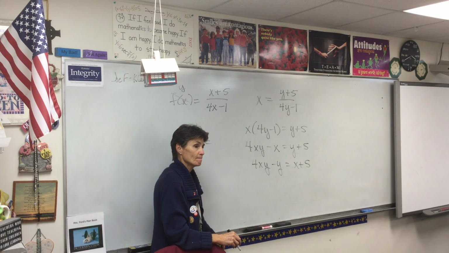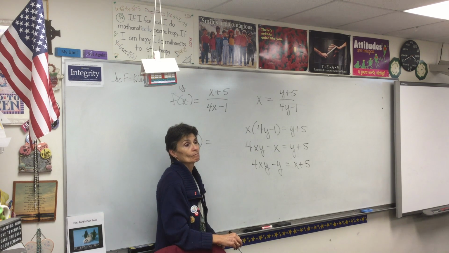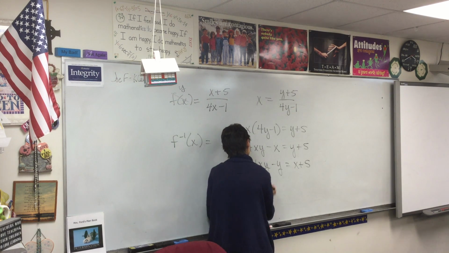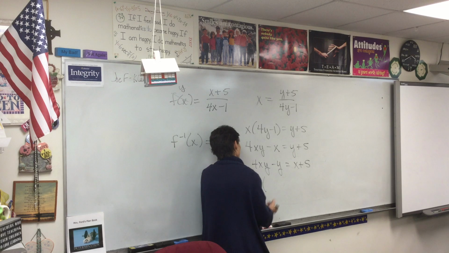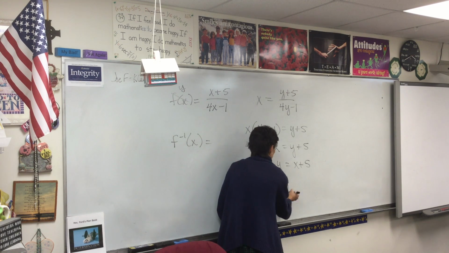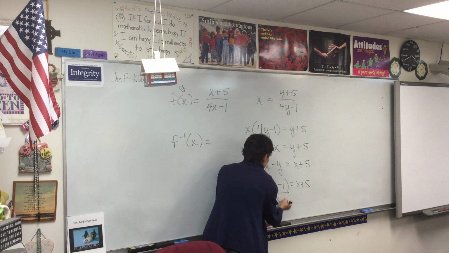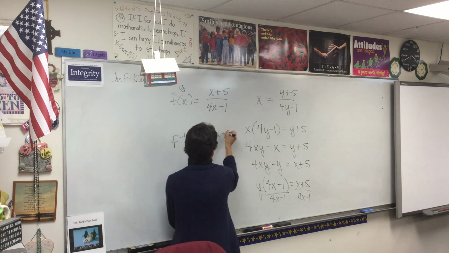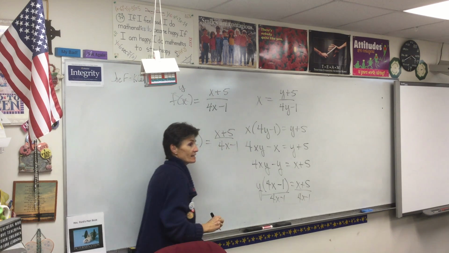We're almost done. Take the y out. And take the y out. Now this one's a little tricky. Be careful. When you take out a y, you have 4x minus 1. And then we'll divide both sides. So, before I started blabbing, did anybody get x plus 5 over 4x minus 1 as the answer?